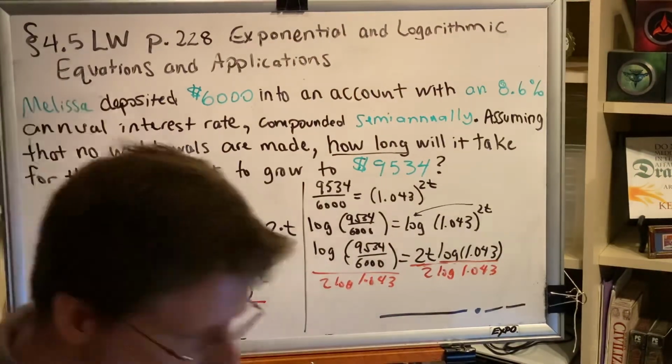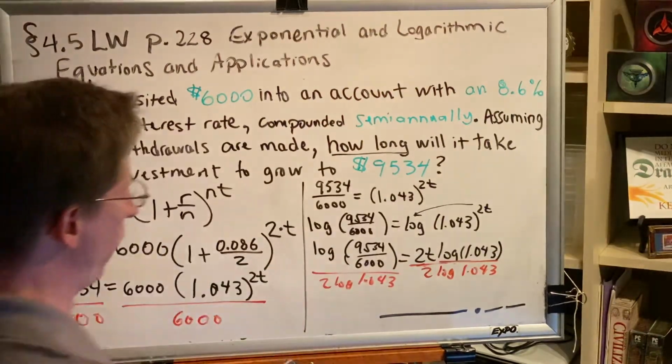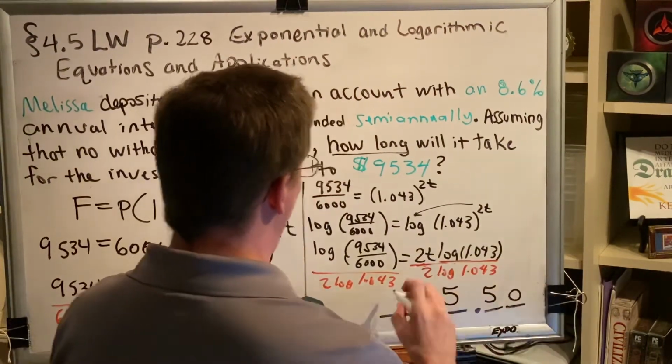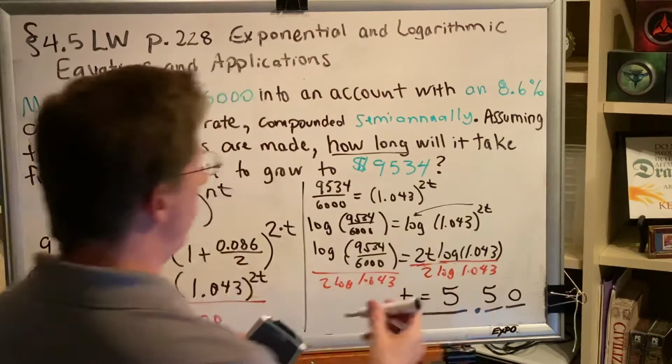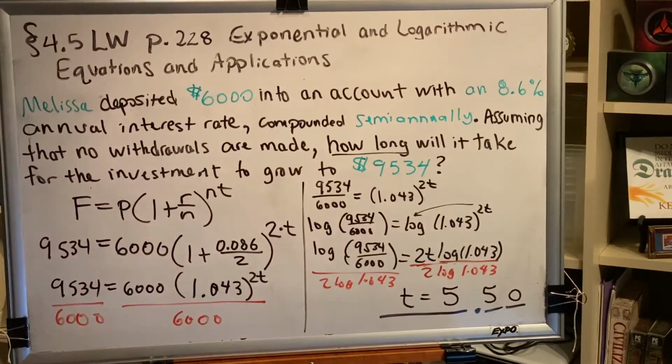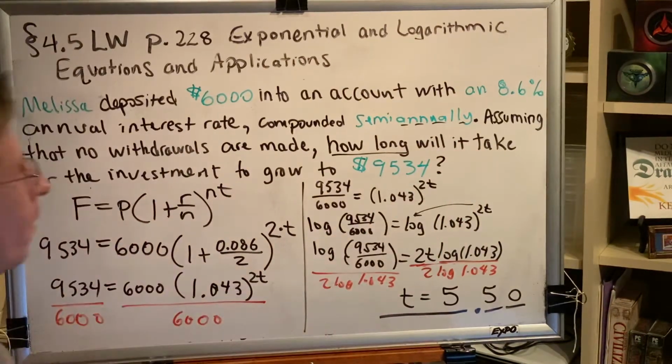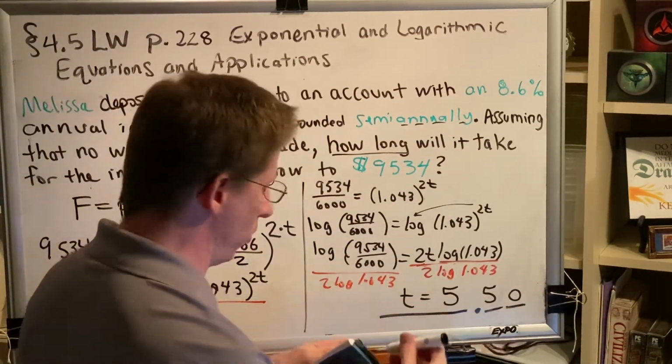Round to 2 decimal places, so we get 5.50. So T is time, and time is equal to 5.50. This is an investment. It says annually, which means we're dealing with years, and so this is 5.50 years.